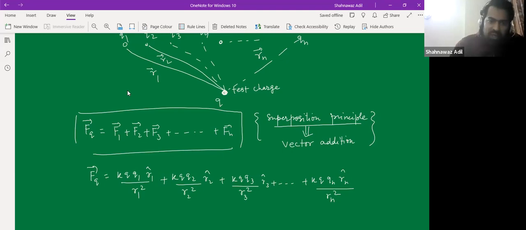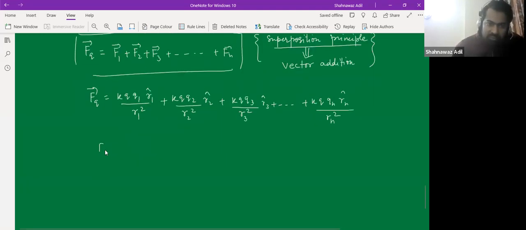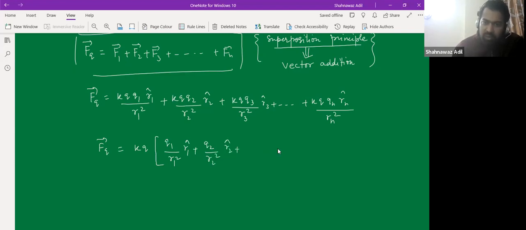If you take KQ common, this would be simply Q1 by R1 square, R1 hat, plus Q2 by R2 square, R2 hat, plus and so on, Qn by Rn square, Rn hat. So this would be the total force.